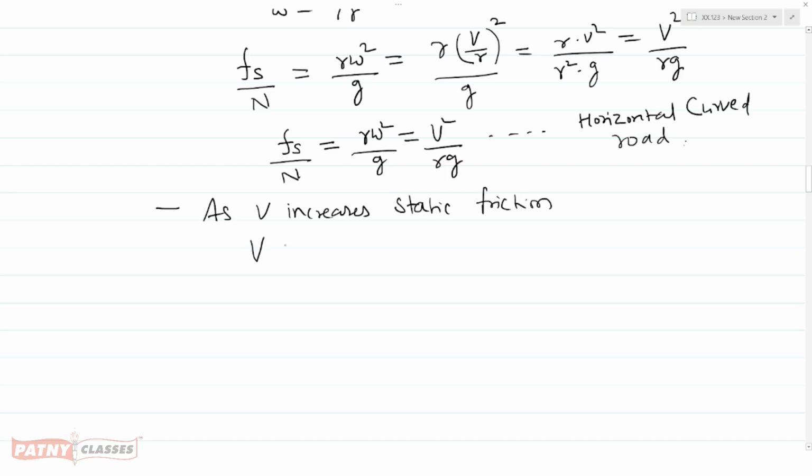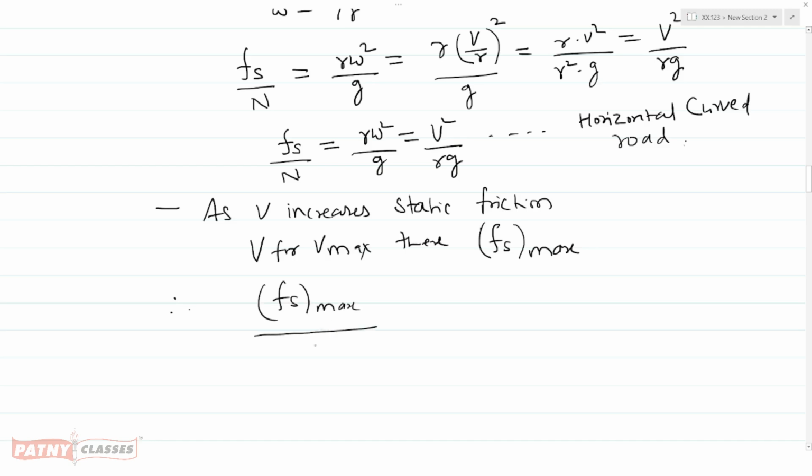So for v max there is a maximum value of static friction, which can be denoted by Fs max. Therefore, the above equation can be written as Fs max upon N equals v square upon rg.